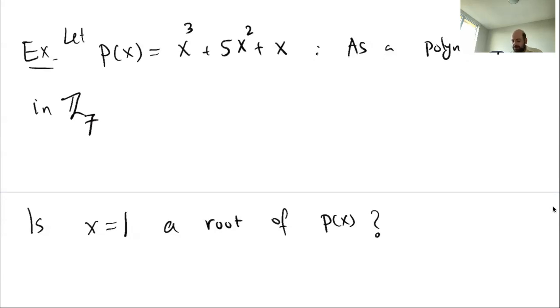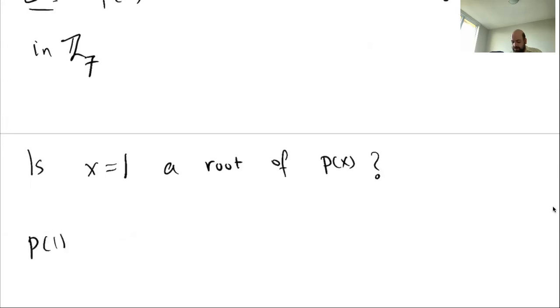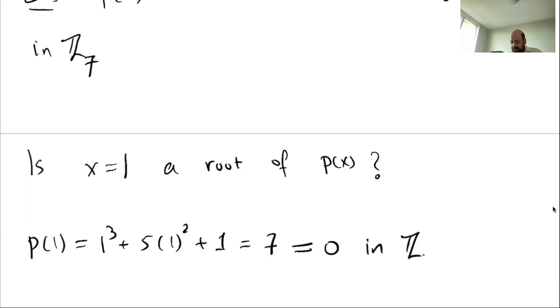P of 1 is, as we said, 1 cubed plus 5 times 1 squared plus 1, which is 7. And 7 is equal to 0 in Z7. Seven is not 0 as two integers or two real numbers, but in Z7, 7 and 0 are equal.